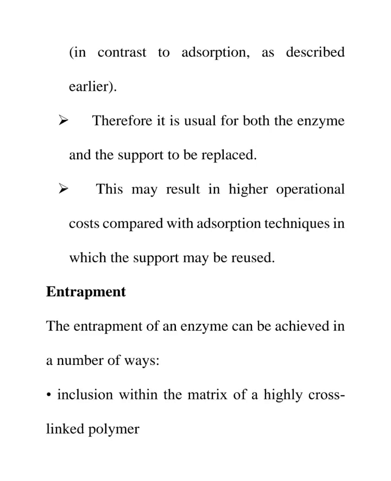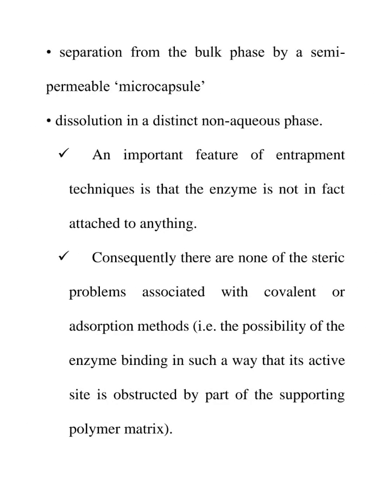Entrapment. The entrapment of an enzyme can be achieved in a number of ways. First is inclusion within the matrix of a highly cross-linked polymer. Second is the separation from the bulk phase by a semi-permeable microcapsule. Third is dissolution in a distinct non-aqueous phase.